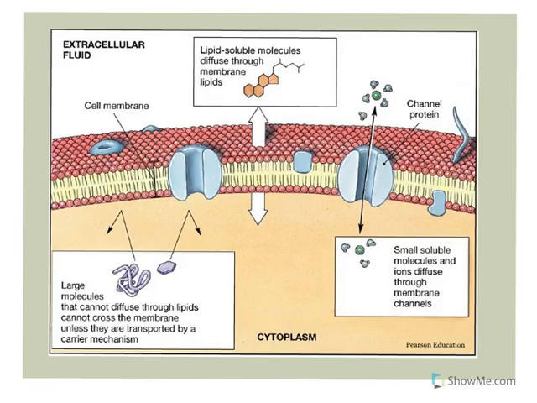Now, here's another illustration just to show you again what I had mentioned. You'll notice that lipid-soluble molecules can go easily across that membrane, things like steroid hormones. Another thing that can easily get across are gases like oxygen and carbon dioxide.